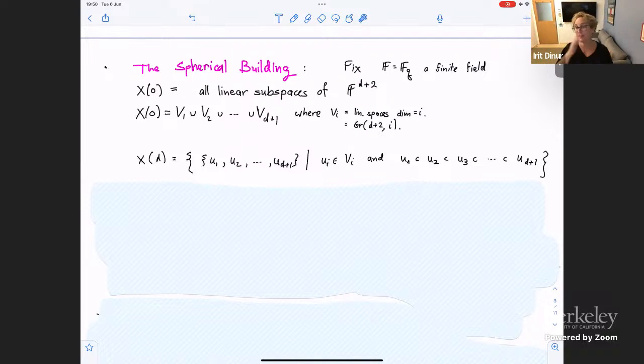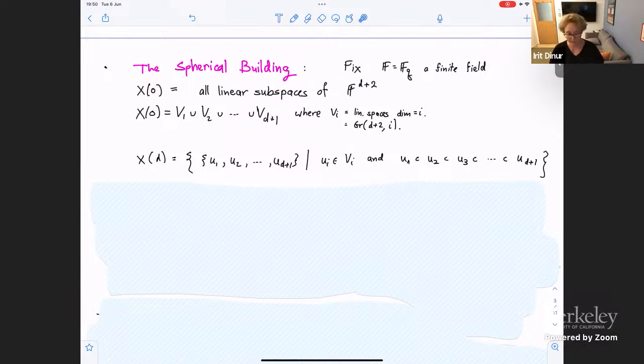And actually the vertices come with colors. So a vertex of color I, or type I if you want, is a linear subspace of dimension I. And we let I range from 1 to D+1. These are all the non-trivial subspaces of F_q^(D+2). Okay, and all of these are just considered vertices. They're not higher dimensional faces. All the different linear subspaces.